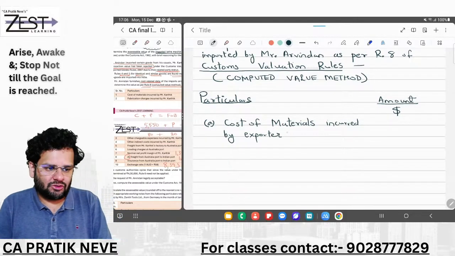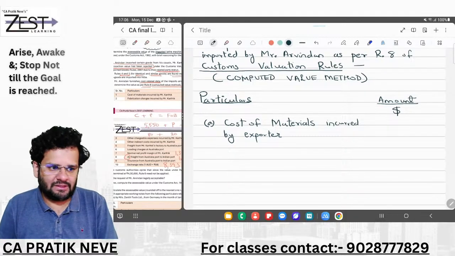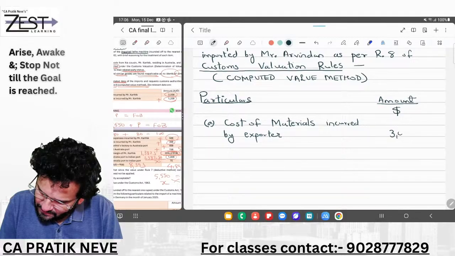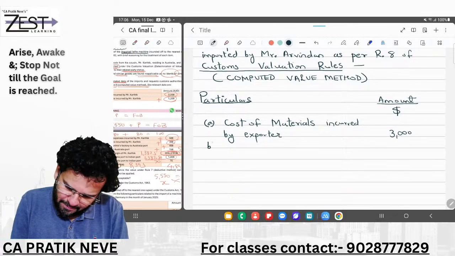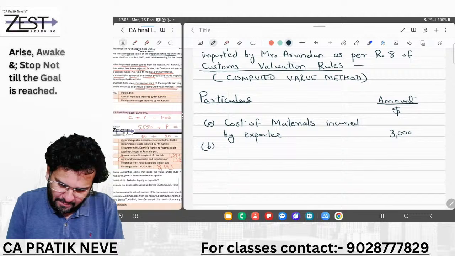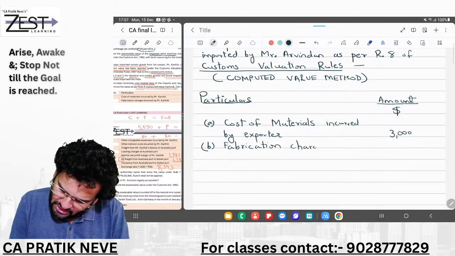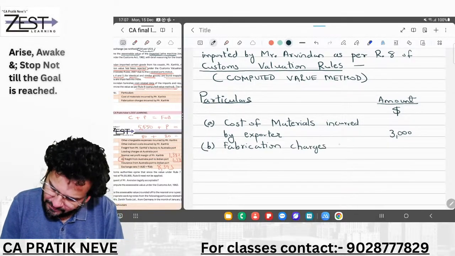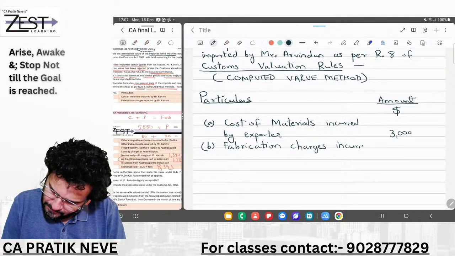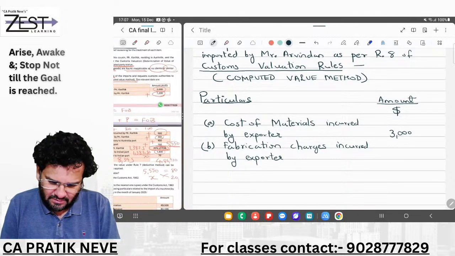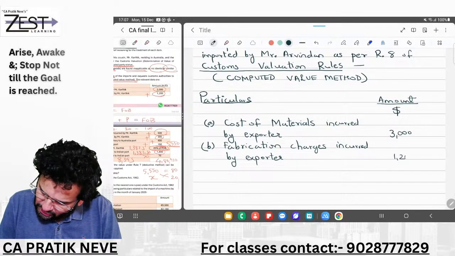So you know exporter's cost plus exporter's profit margin. So isn't it 3000? B point, fabrication charges incurred by exporter, 1200.